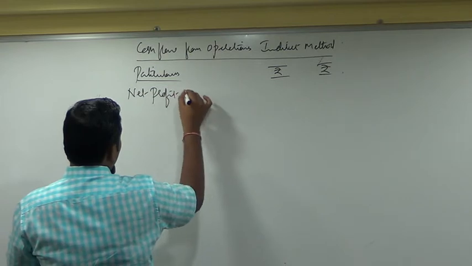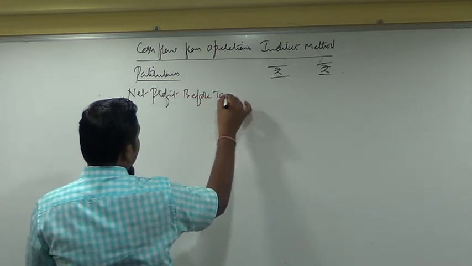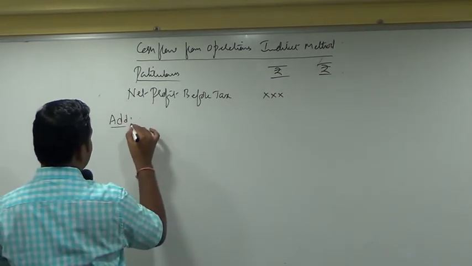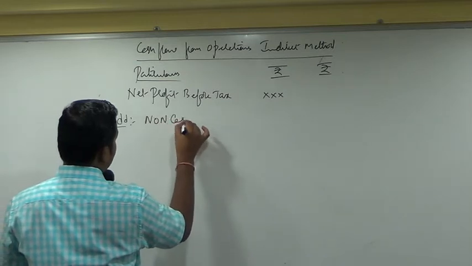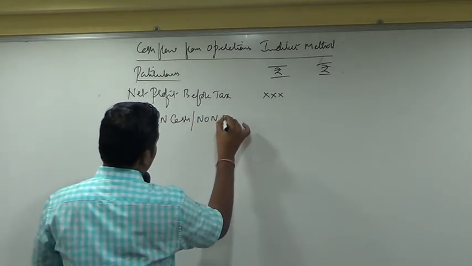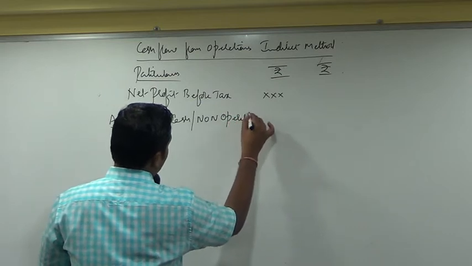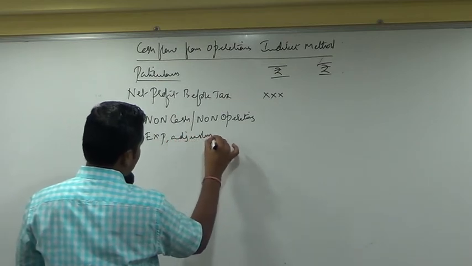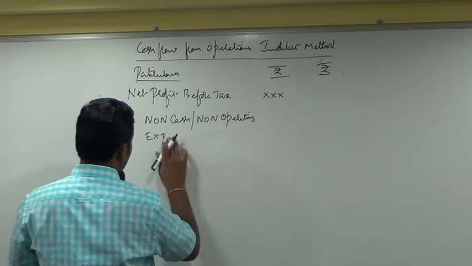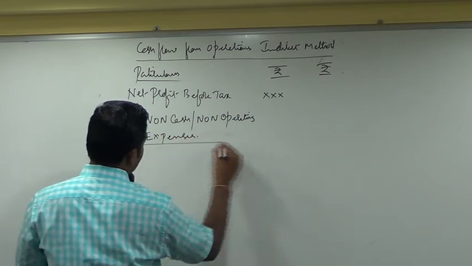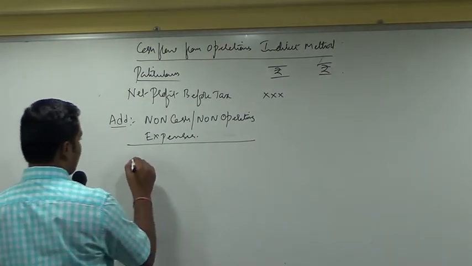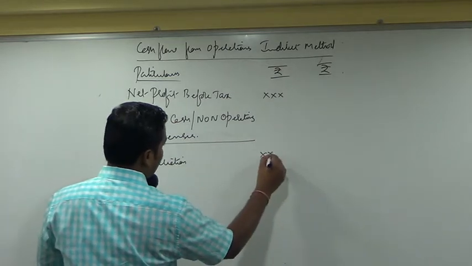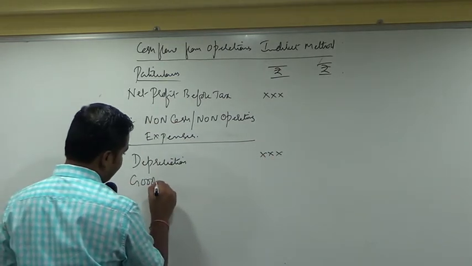Net profit before tax. Add non-cash, non-operating expenses, adjustments. What are non-cash, non-operating expenses? Depreciation. Now you have to be specific. Goodwill written off.